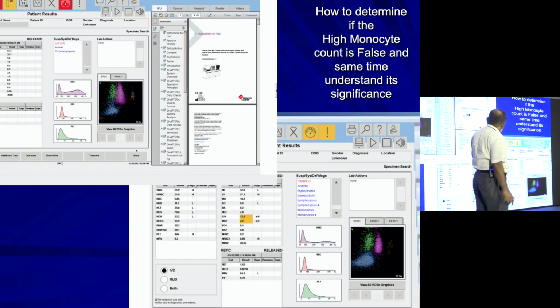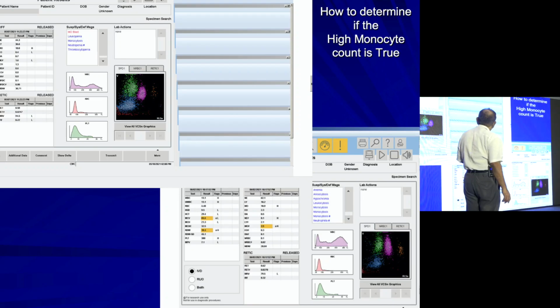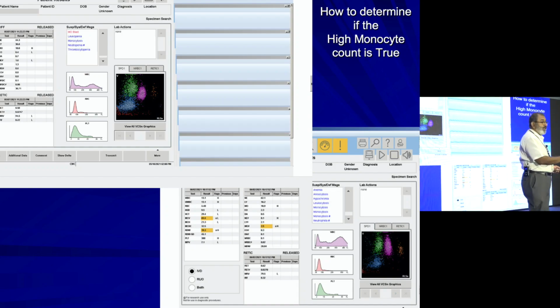So you can see that there is no monocyte here, there is no monocyte here, but the patient has got pseudomonocytosis. But when you have true monocytosis, you can identify it when a cell counter has got the histogram.